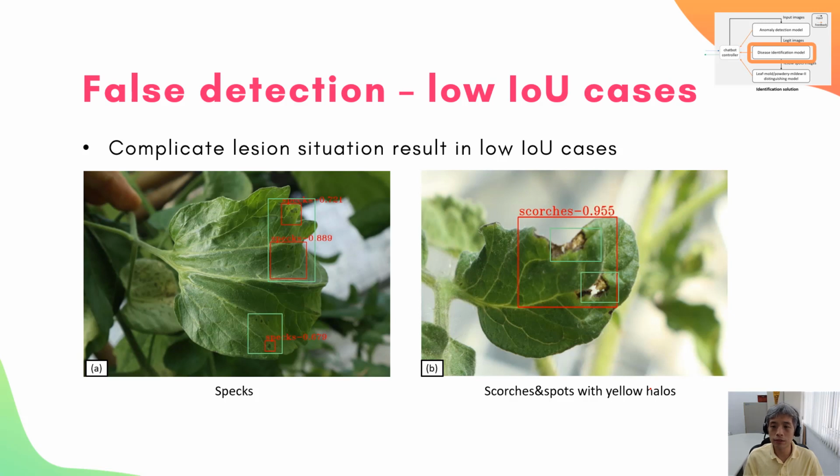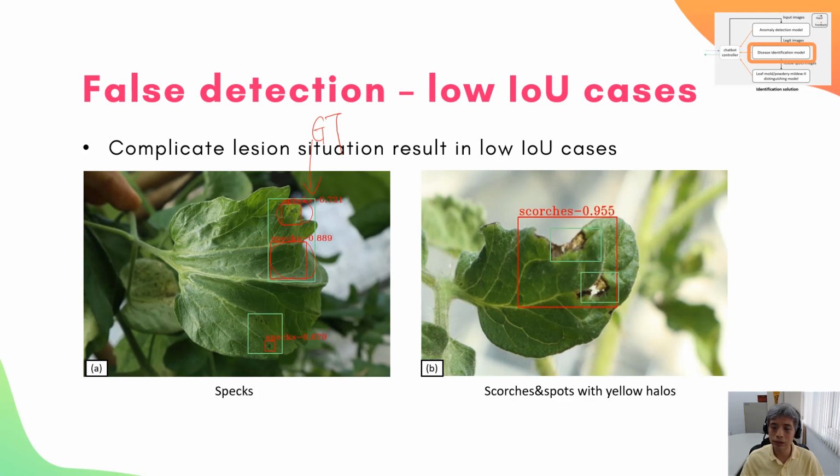But there are still some failure cases, though failure is not actually that much of a failure. I should explain it here. Sometimes the ground truth bounding box, the green one, is very big, but the detections are small. But the small bounding boxes do enclose the lesions.